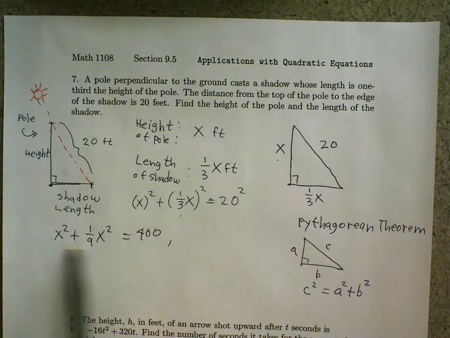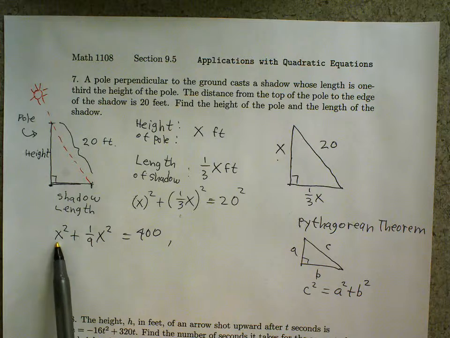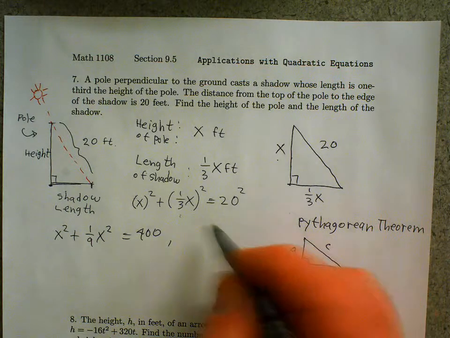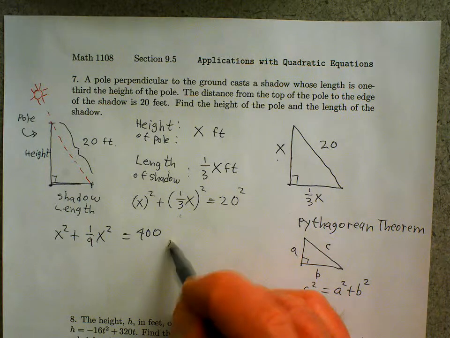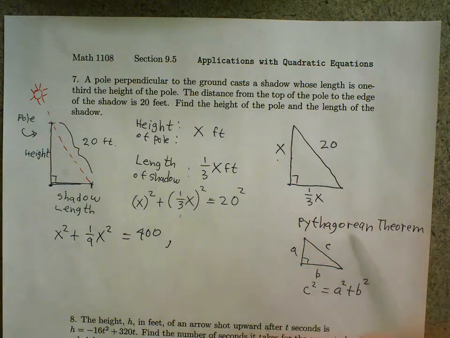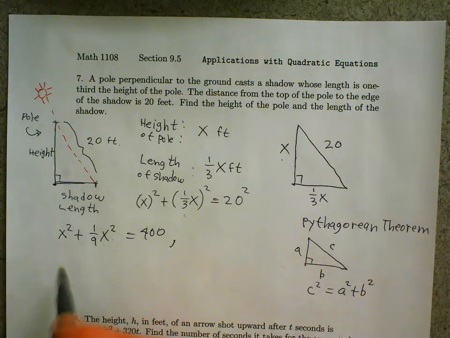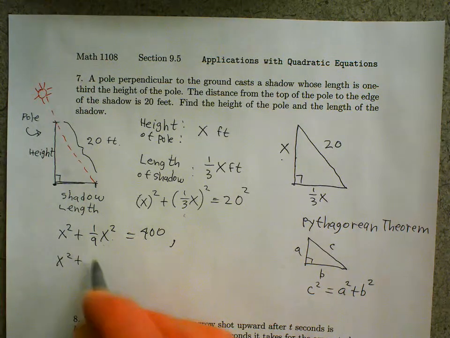On the left-hand side, these are like terms. So x squared plus 1/9 x squared is how much when we add them? Now, these are like terms. So another way to think of this is x squared plus x squared over 9.